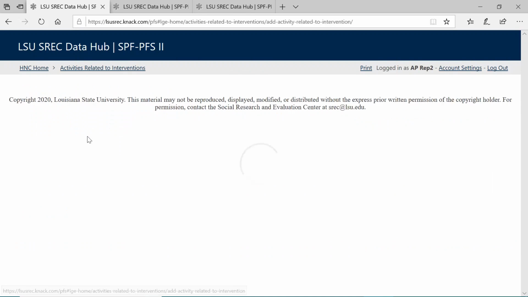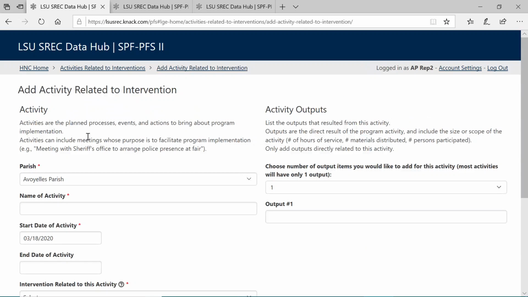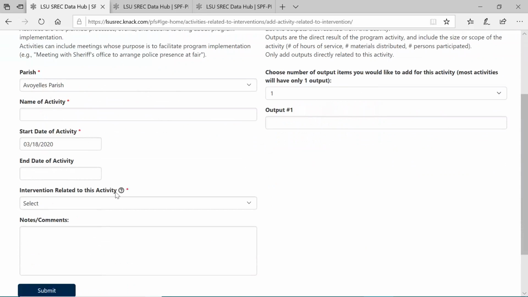Let's say we did a life skills class. For your curriculum-based programs, you're going to put an activity for an entire module.